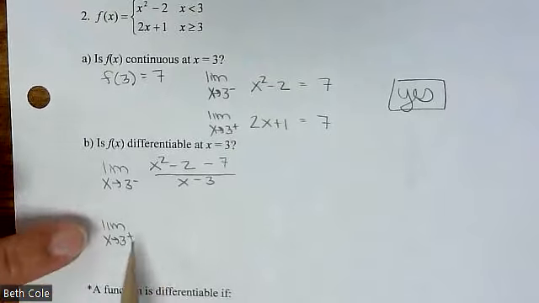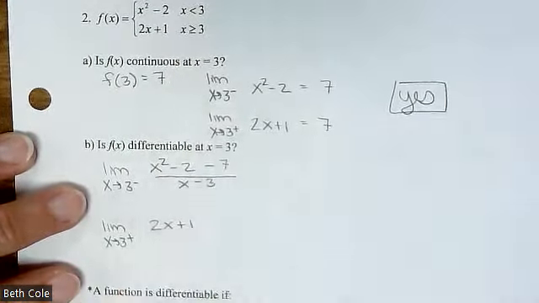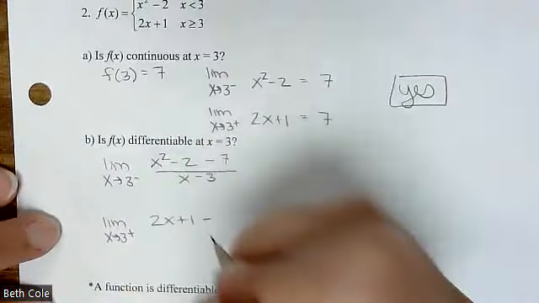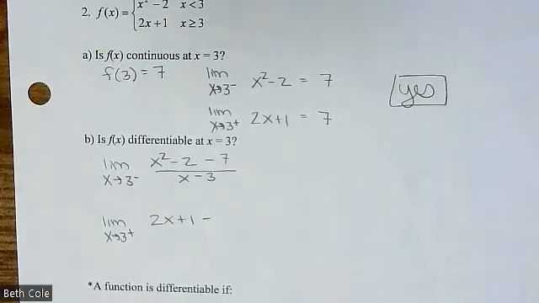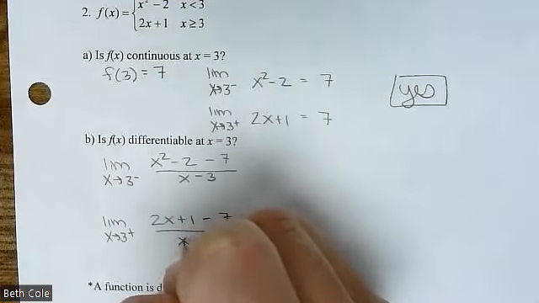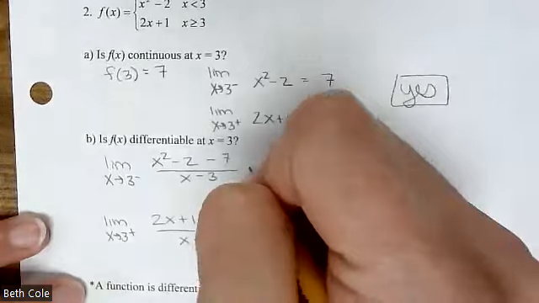If you're going from the right, you want this piece of it, so 2x plus 1, so just the function minus whatever you get when you plug in 3, which would also be 7, and then over x minus 3. And again, as a heads up, they're all going to be indeterminate. You're going to have to factor and get something to cancel out.